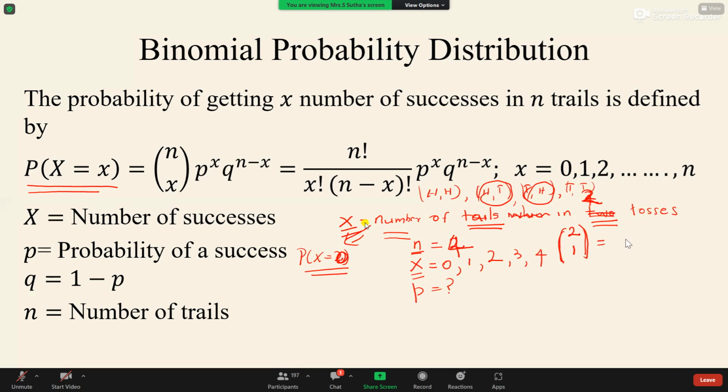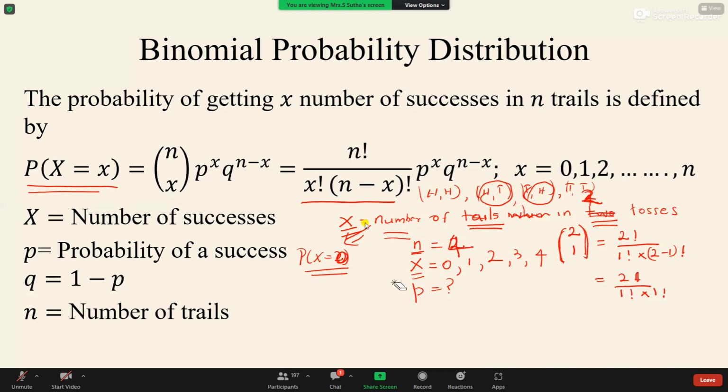This is actually 2 factorial divided by, according to this formula, 1 factorial into 2 minus 1 factorial. So that is equal to 2 factorial divided by 1 factorial into 2 minus 1 factorial.